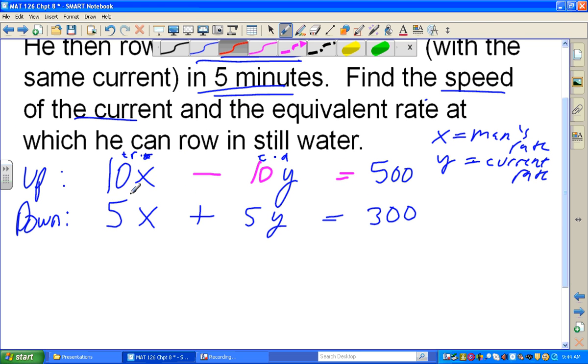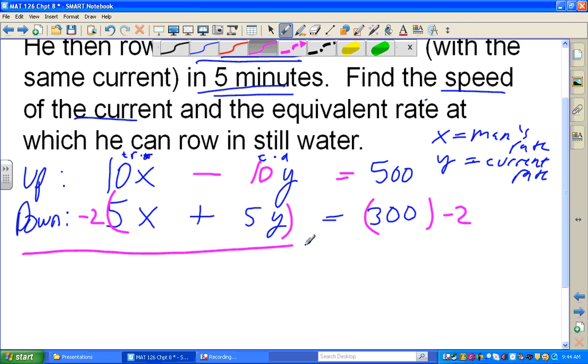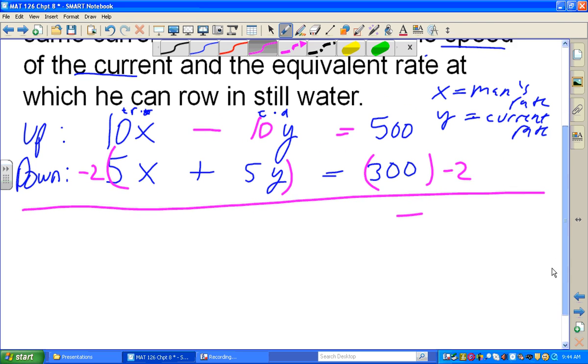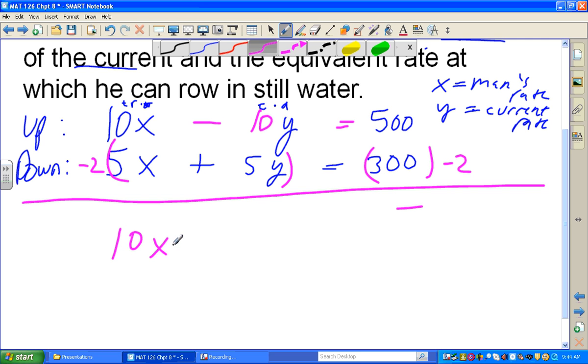So we'll knock out the x's. -2, -2. So I have 10x minus 10y equals 500, and -10x, -10y equals -600.